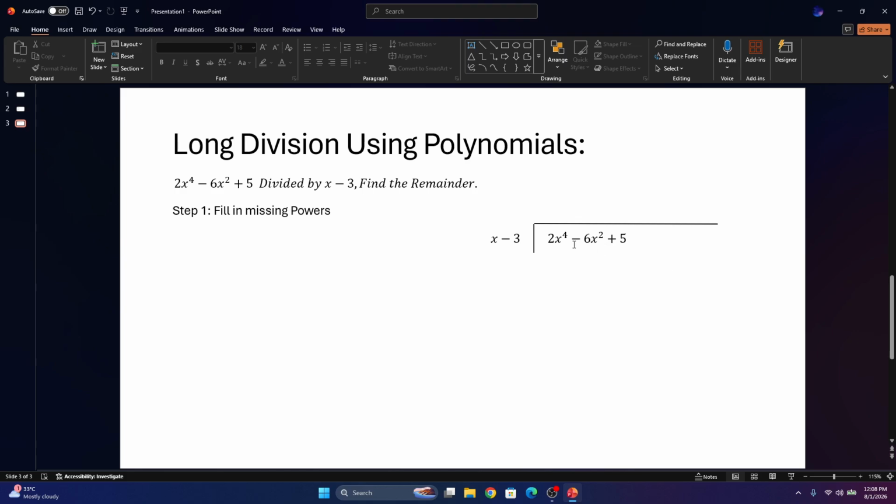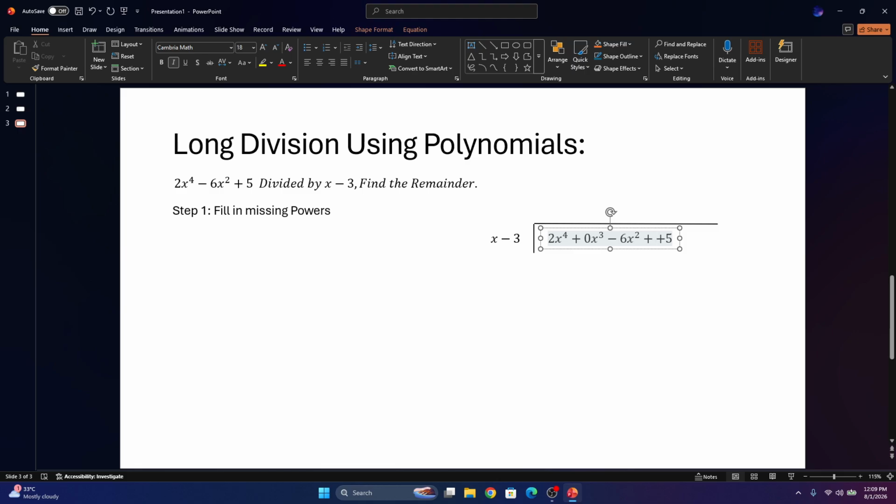There is no power of 3 in between, and also no power of 1, which is basically just going to be x itself. So what we're going to do is fill in those powers. The way we do that is we add a coefficient of 0 next to the powers, which will basically mean that those powers aren't really there, but we have to add them here to make our long division easier.